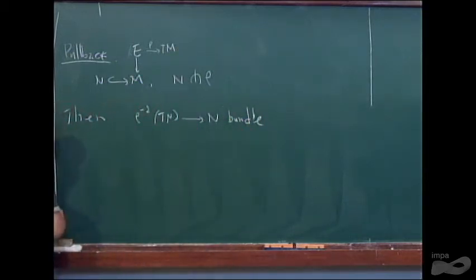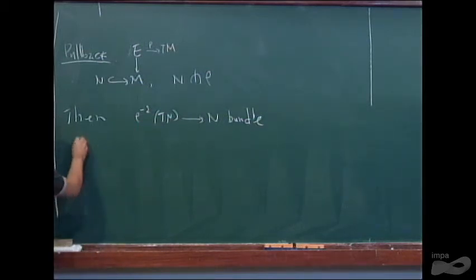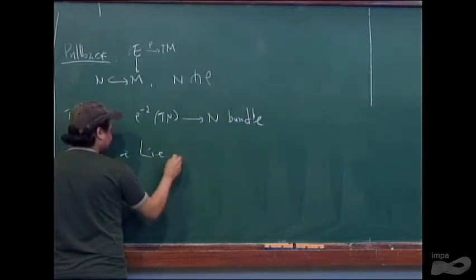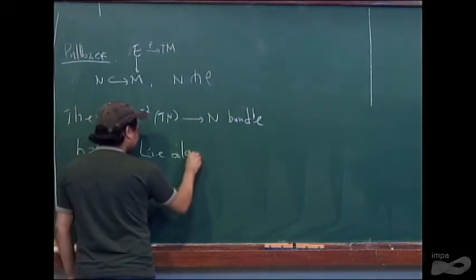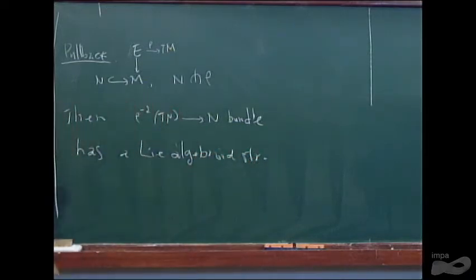And what happens is that you also have a Lie algebroid structure on this bundle. So what's the algebroid structure? It's the natural one.